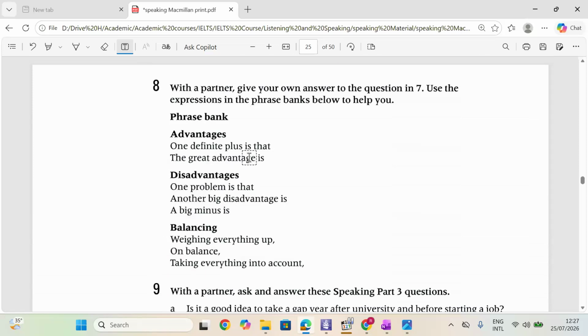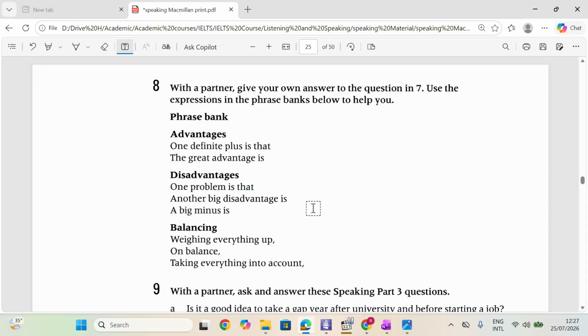One definite plus is that, one problem is that, for disadvantage, and weighing everything up. So again, I need you to answer the question of exercise 7 using the structure of talk in exercise 8. Clear? I'll give you a minute to get ready, and once you are ready, put up your hand and I choose someone to share.